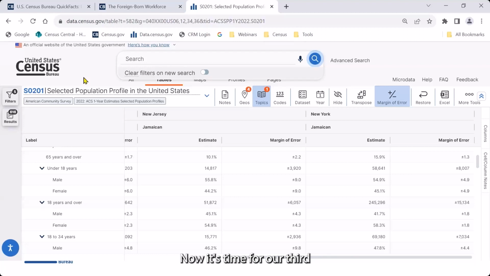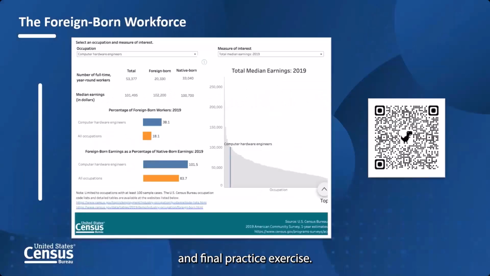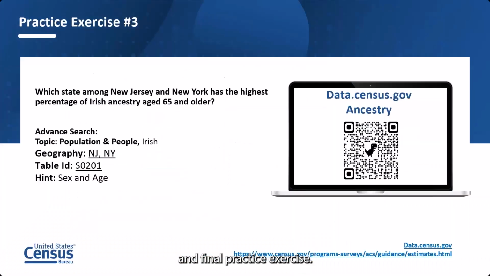Now it's time for our third and final practice exercise. Which state among New Jersey and New York has the highest percentage of Irish ancestry, age 65 and older? Your hint is to use the advanced search.